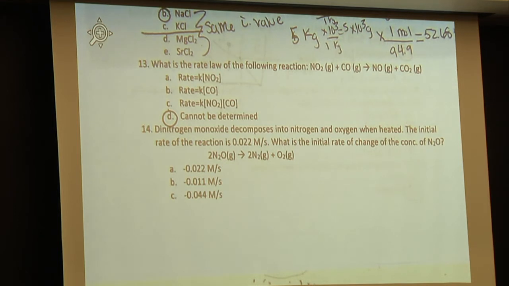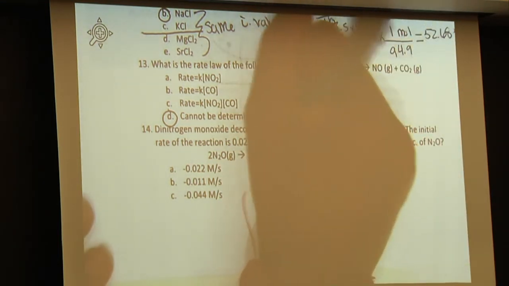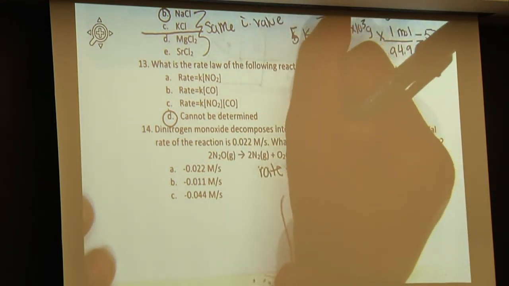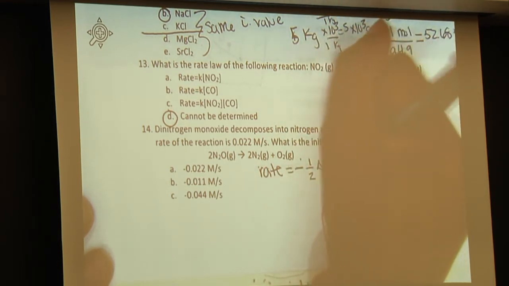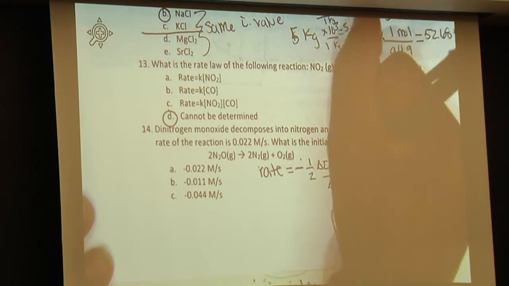Okay, number 14. Dinitrogen monoxide decomposes into nitrogen and oxygen when heated. The initial rate of the reaction is 0.022 molar per second. What is the initial rate of change of the concentration of N2O? So if you guys remember from the book, you had rate equals negative 1/2 change in concentration of N2O over change in time.